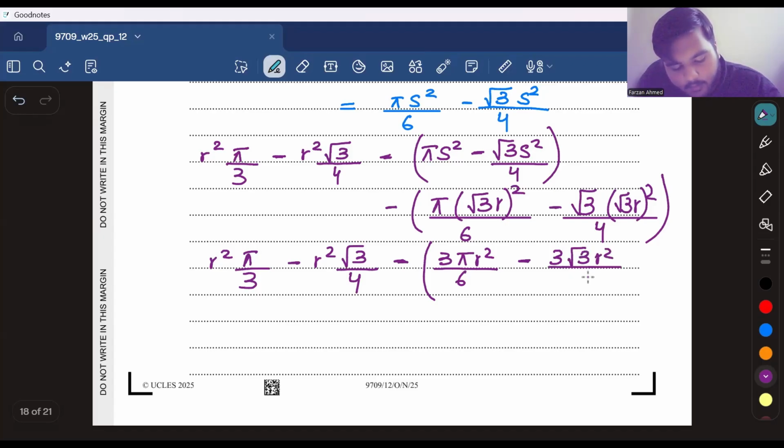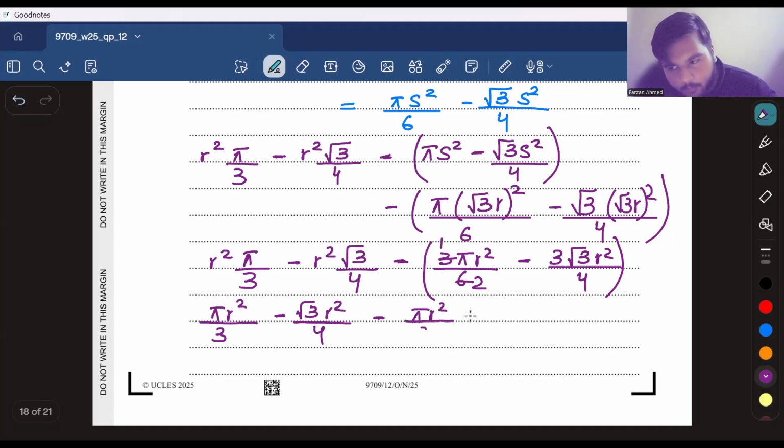Okay, I'm simplifying this. Now this will be pi r square upon 3 minus square root of 3 r square upon 4 minus, 3 1s are 3, 3 2s are 6, so pi r square upon 2, plus 3 square root of 3 r square upon 4.